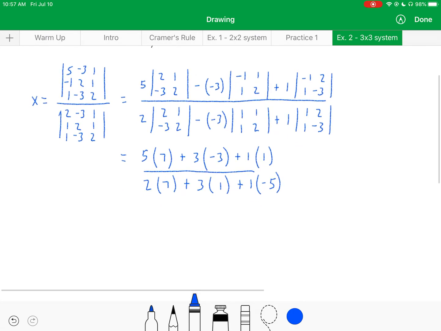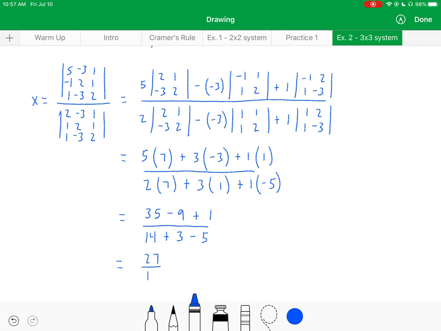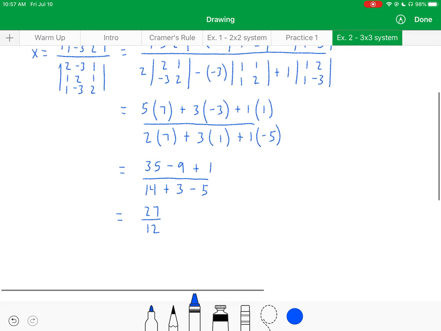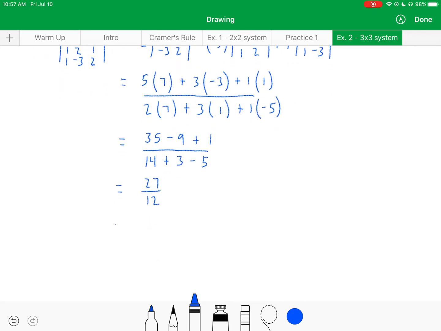And then let's just continue to simplify both the numerator and the denominator. That's 35 minus 9 plus 1 all over 14 plus 3 minus 5. That's going to give us 27 over 12, which does not simplify out to be an integer. Instead, I'll just reduce it to 9/4. There we go.